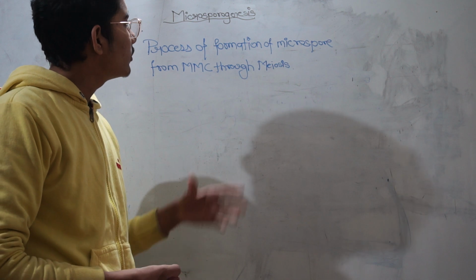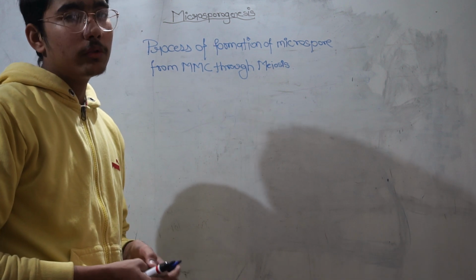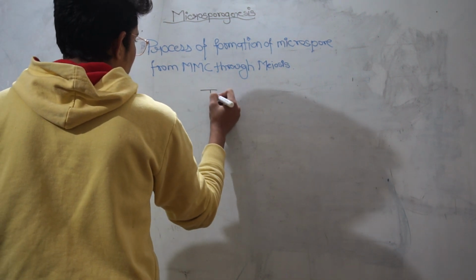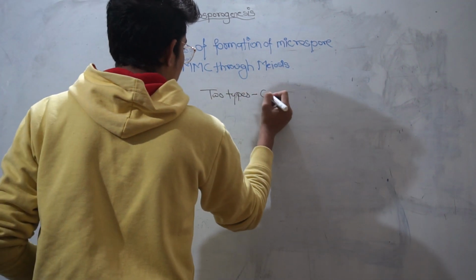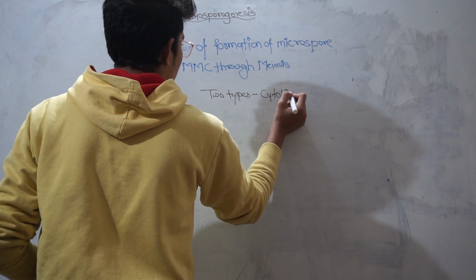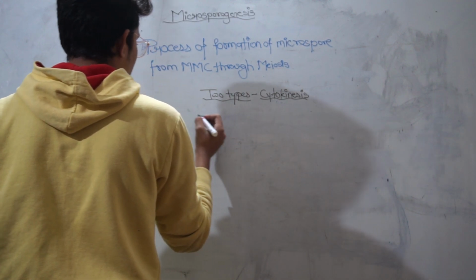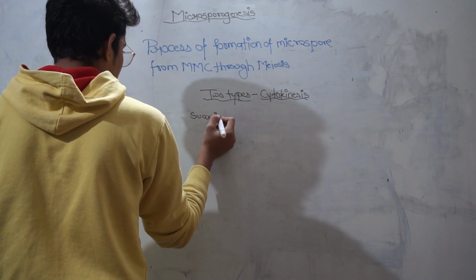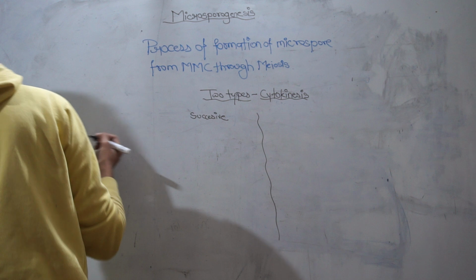So before dealing with the types of microsporogenesis, I am going to deal with two types of cytokinesis, that is successive and simultaneous.